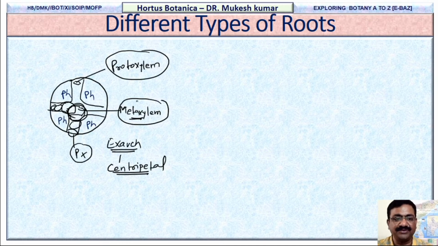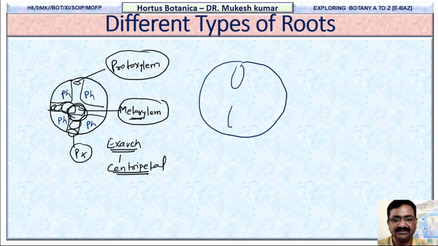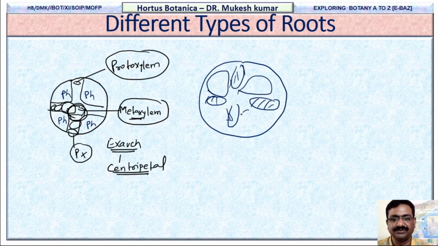So as I told you, this is the radial. Radial means to say this is the vascular bundle, and say 1, 2, 3, 4. These are on one radius, say if it is xylem. So on a different radius, this is another radius, 1, 2, 3, 4, you will find these are the phloem.